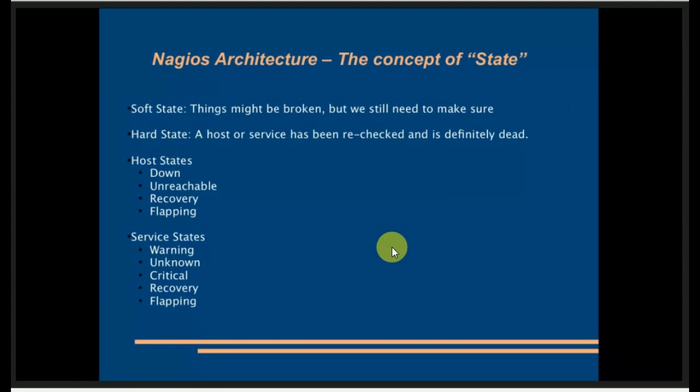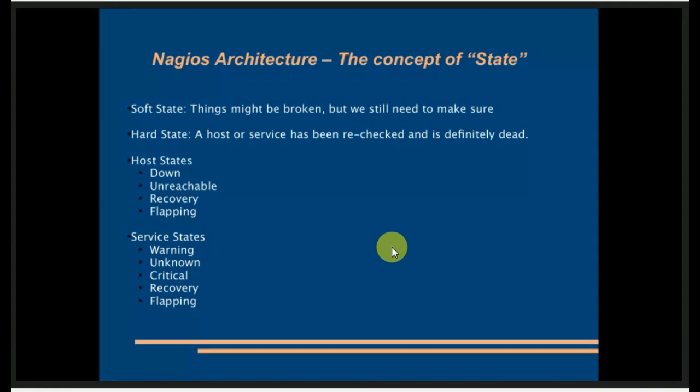Okay, so the concept of state: soft state and hard state. First, let me tell you this. As we discussed, with the interval, how often do I recheck to declare that a particular service or server is dead? Let's say the service check happens once and it finds that it is dead.